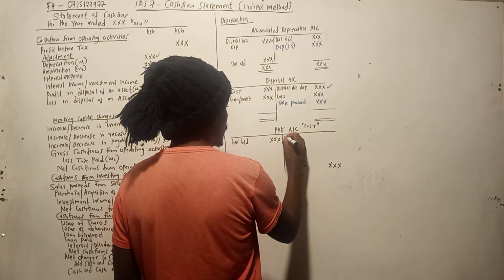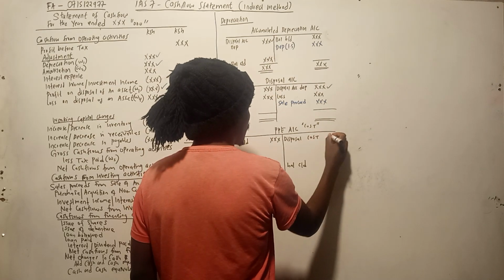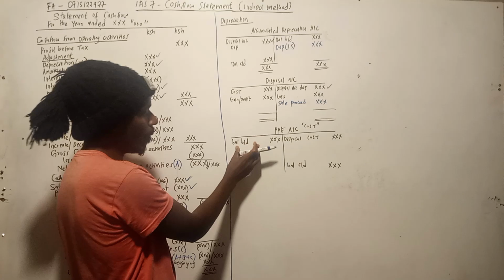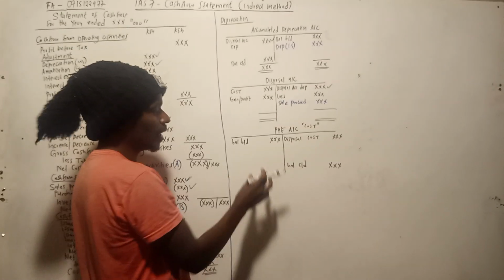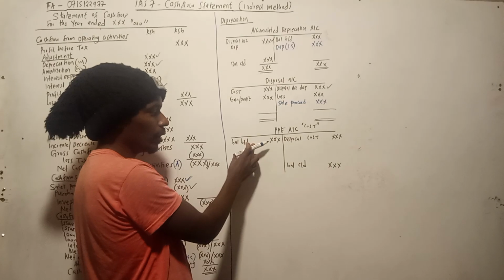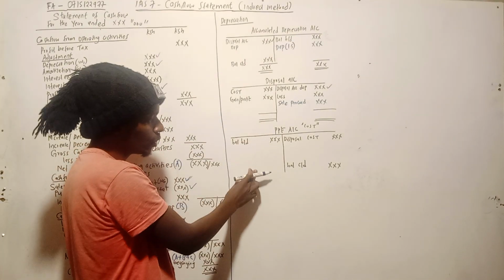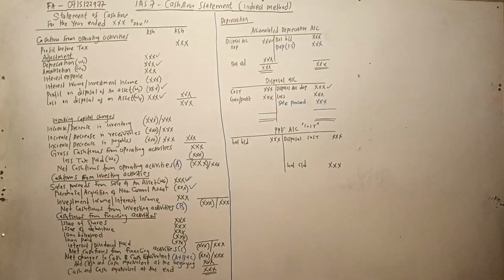You put that there. Now when we dispose an asset, remember if we had a balance on the asset side, then we sold, it means that if we sell any asset, the value of our assets will reduce, and therefore we credit the disposal cost on the other side. Then you can check if there is a revaluation gain.